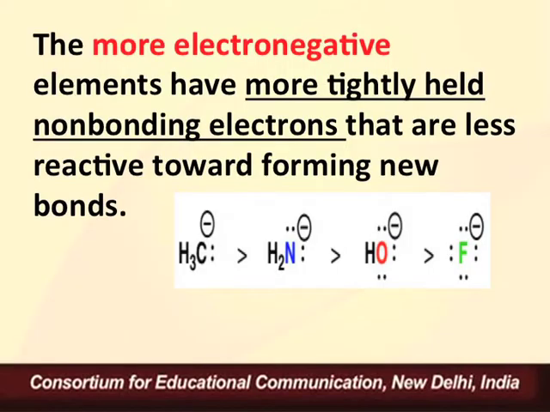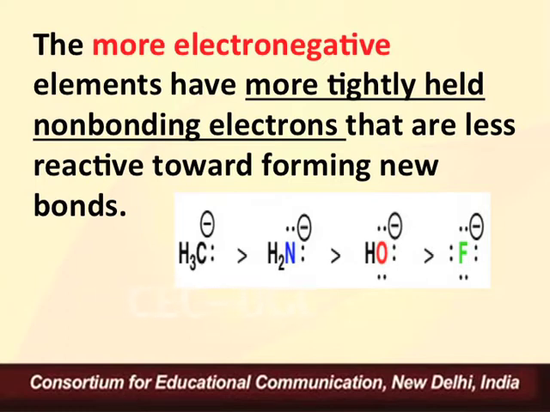And we know that more electronegative elements have more tightly held non-bonding electrons that are less reactive towards forming new bonds. Hence, what we find is that methanide ion is more nucleophilic as compared to ammonia, which is more nucleophilic as compared to the hydroxyl group, whereas fluoride is least nucleophilic.